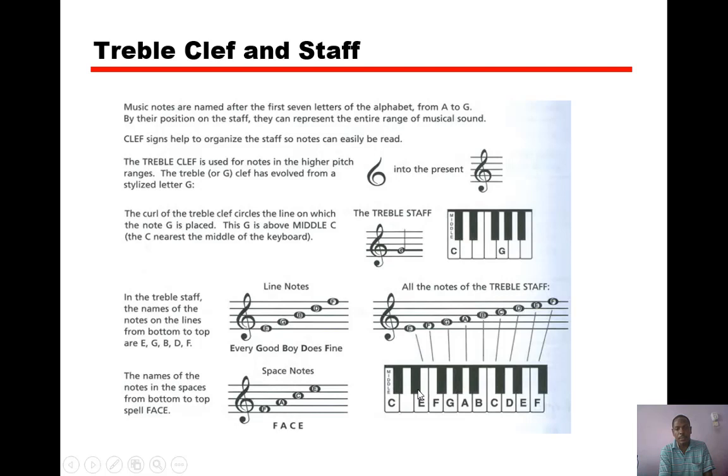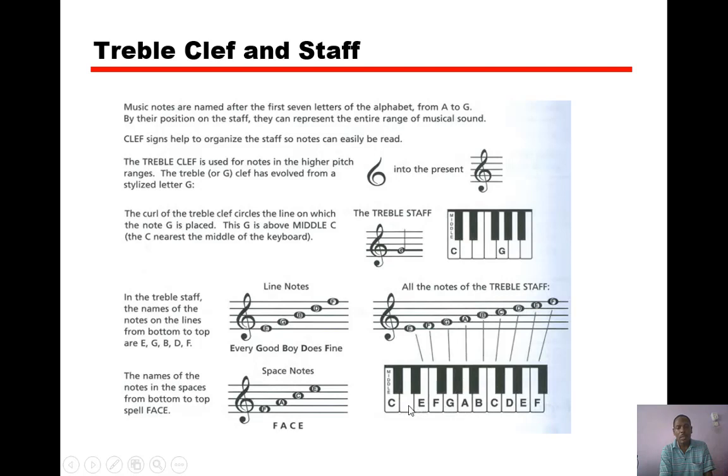Right, let's take a look at a section of the keyboard. Whenever we are playing the piano, we need to understand the keys on the piano. So just as we have lines and spaces on the treble staff, the piano has keys.